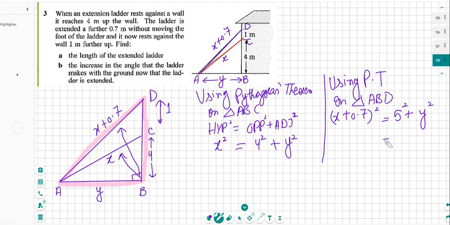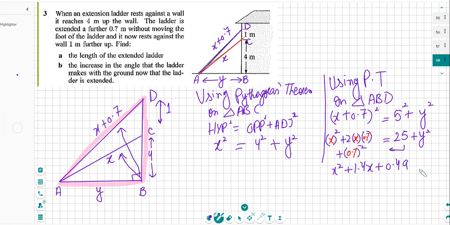It's very easy. Just simplify this, it becomes 25 plus y squared. And we can open this as well. It's the a plus b whole square formula: a squared plus 2ab plus b squared, right? What is a here? X, and b is 0.7. So we get x squared plus 0.7 into 2 is 1.4x, and 0.7 squared is 0.49.